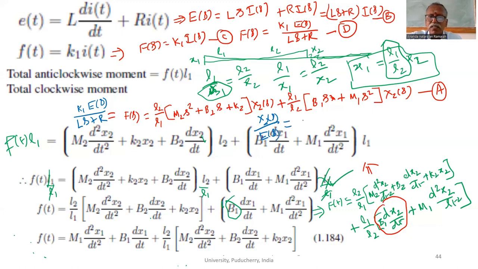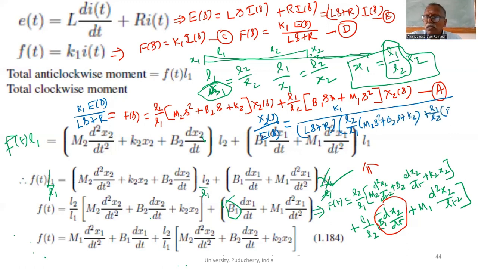This also will come down. Therefore, what you will get is x2 of s upon E of s equal to k1 upon Ls plus R, multiplied by L2 upon L1 into m2 s square plus b2 s plus k2, plus L1 upon L2 into b1 s plus m1 s square, whole bracket.